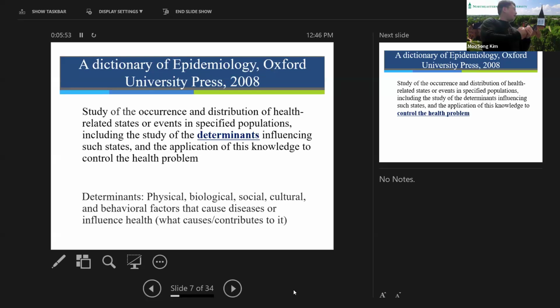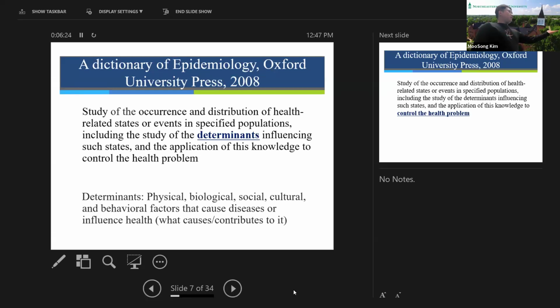Think about cardiovascular disease, like heart attacks. What kinds of factors might affect cardiovascular disease?